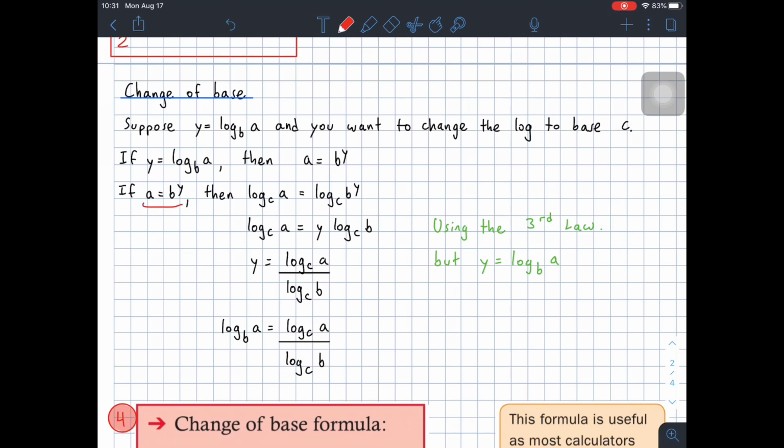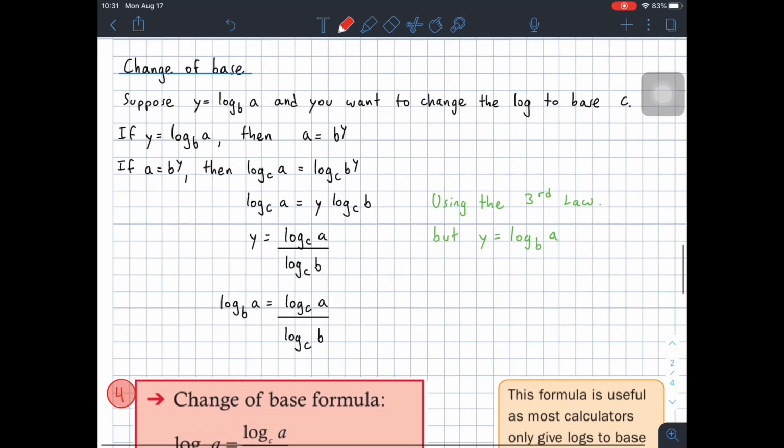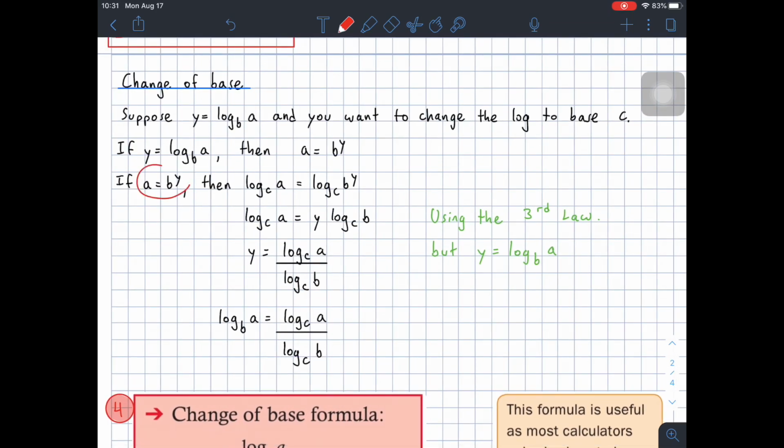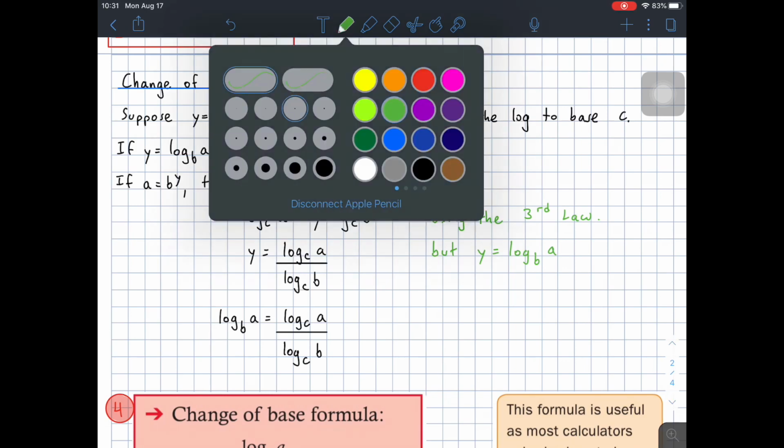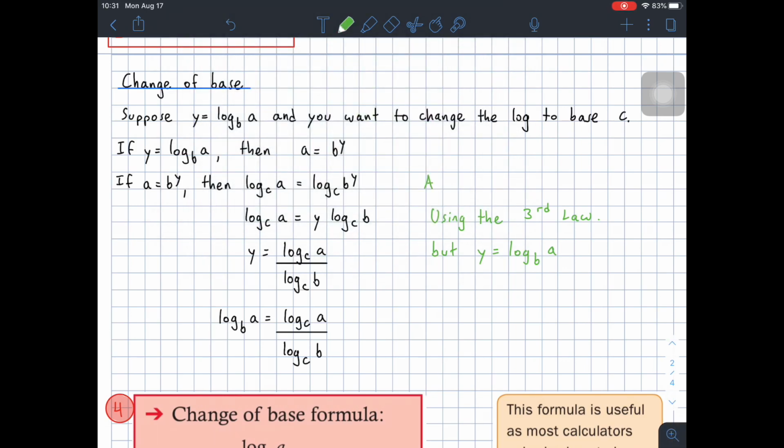So if a is equal to b to the power of y, then if I apply logarithm to both sides of this equation, I could say that log base c of a is equal to log base c of b to the power of y. The only thing that I did was apply log base c to both sides. So I'm going to write that here. Apply log base c to both sides.